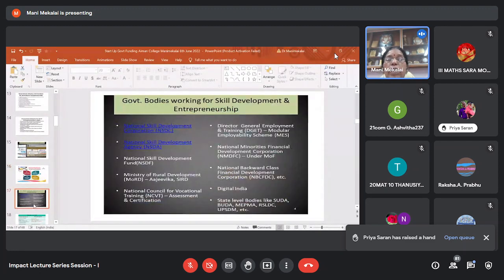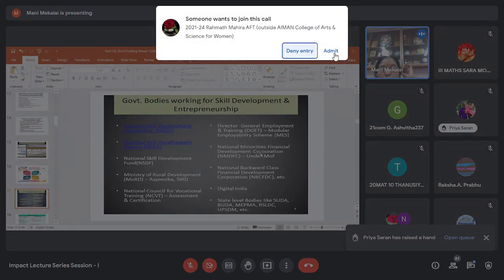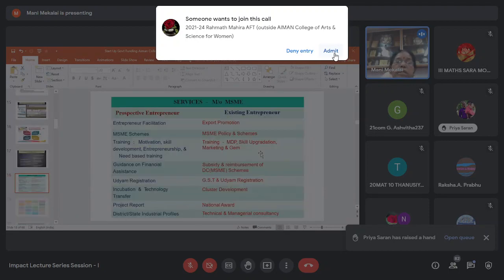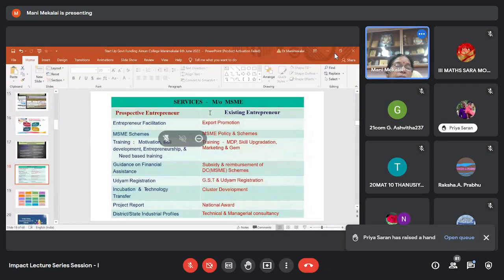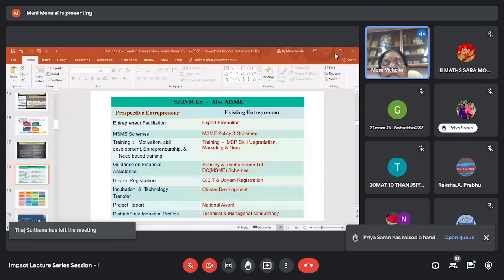And what are the government bodies available for skill development and entrepreneurship? So National Skill Development Fund, Ministry of Rural Development, National Council for Vocational Training, Director General of Training, National Minorities Development and Finance Corporation. So several such schemes are available. So what are the services? You have a separate ministry called the Ministry of Small and Medium Enterprises.